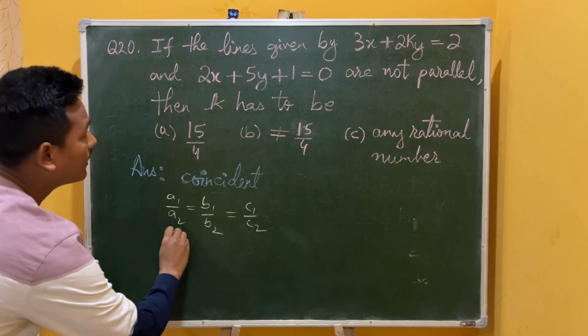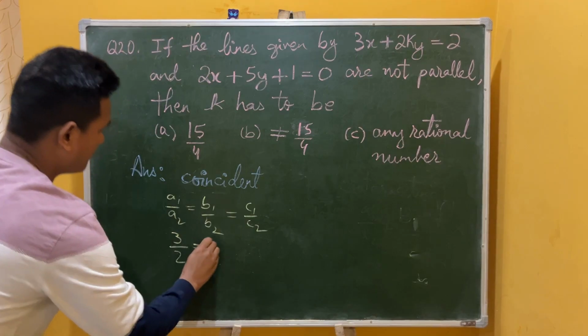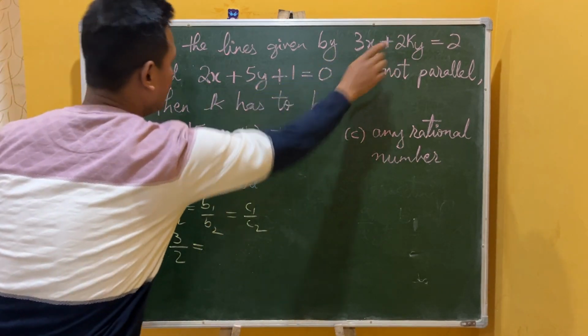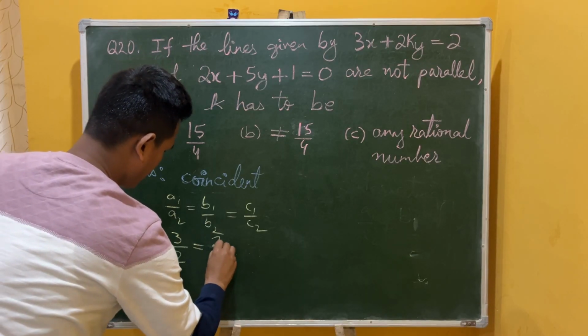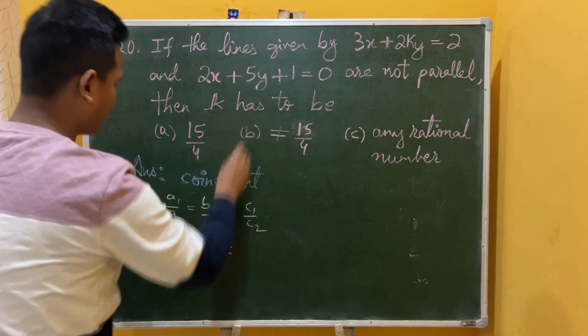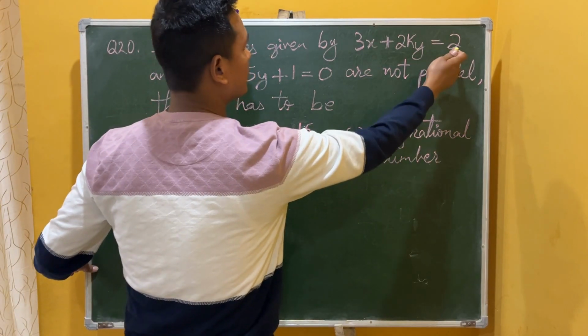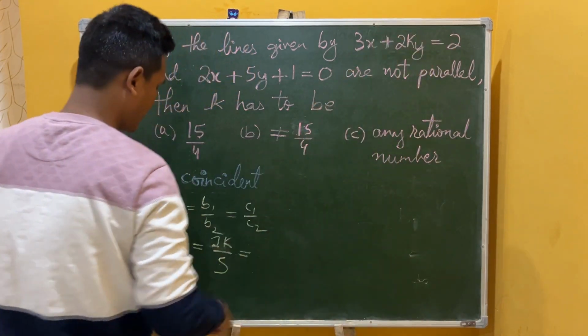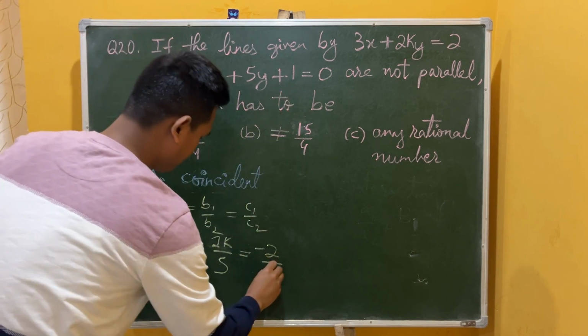So A1 upon A2 equals B1, which is 2k, upon B2, which is 5. C1 is minus 2, if you bring this 2 to the left side, upon C2, which is 1.